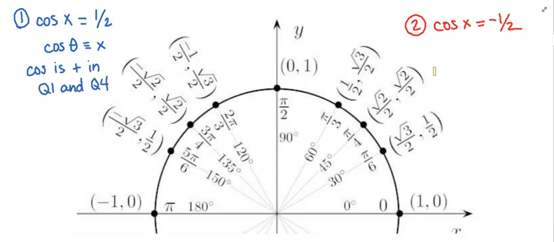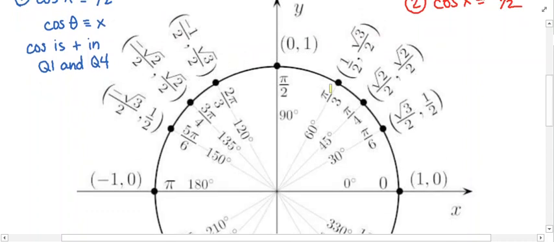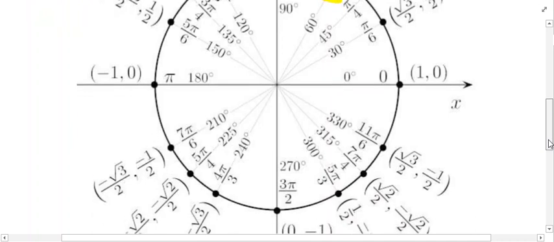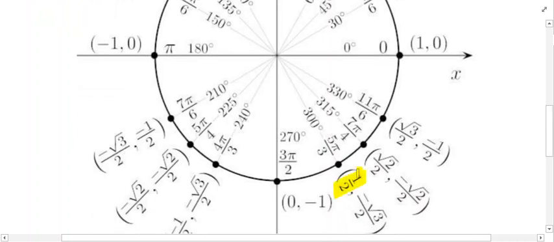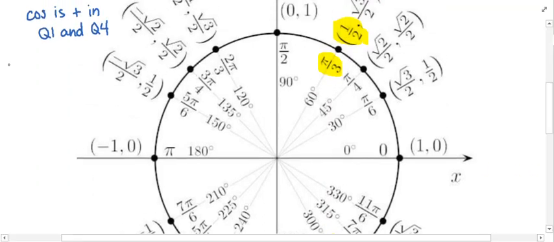If we look in quadrants 1 and 4, which angles have an x-coordinate of 1/2? Right here, the cosine of pi over 3 is going to be 1/2. Then if we go down to the fourth quadrant, we see a positive 1/2 as the x-coordinate right here. That's going to be 5 pi over 3. Those are going to be our two angles that work here.